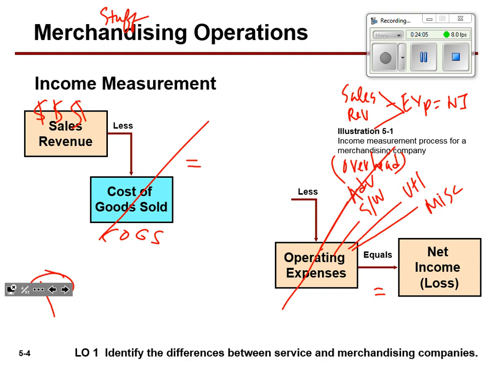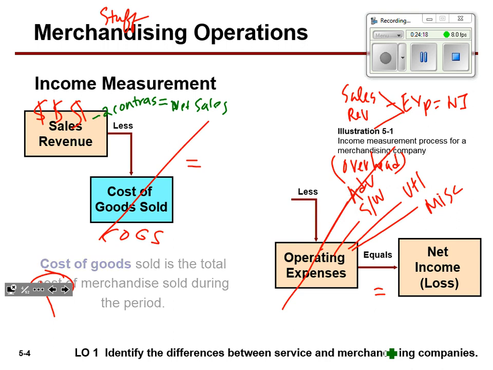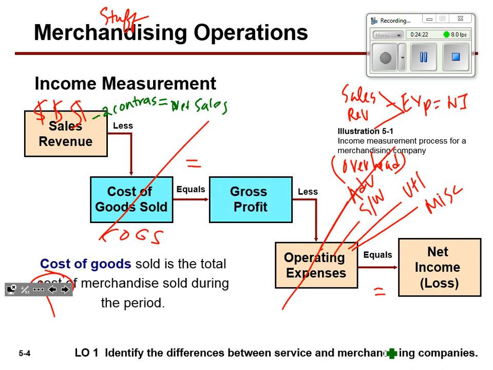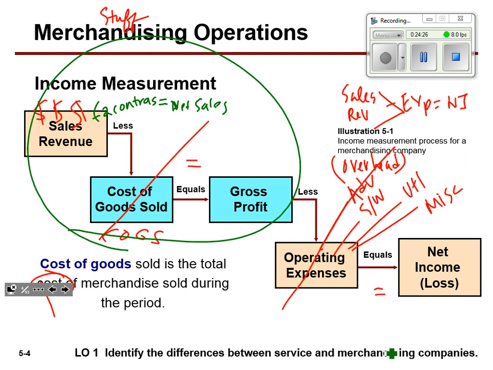Revenue minus the two contras equals, was it net sales? I think so. Minus cost of goods sold was gross profit. Right here, this is the top, especially with the stuff that I just added. This was the top of that multi-step income statement.